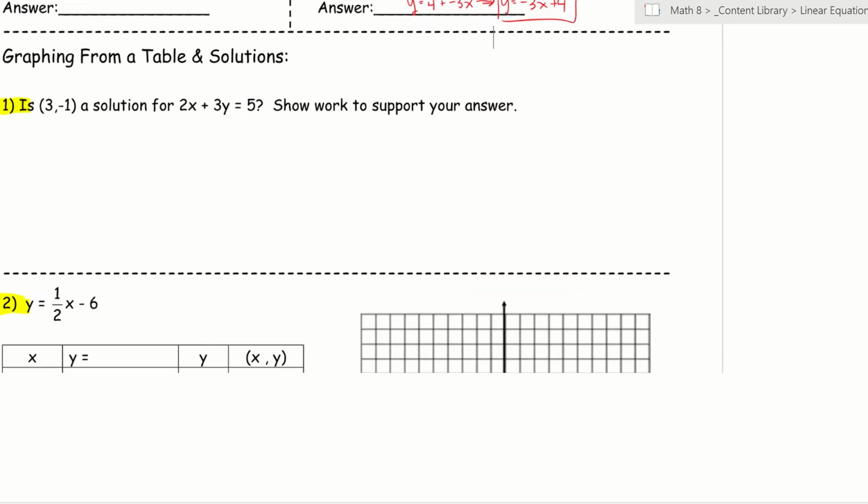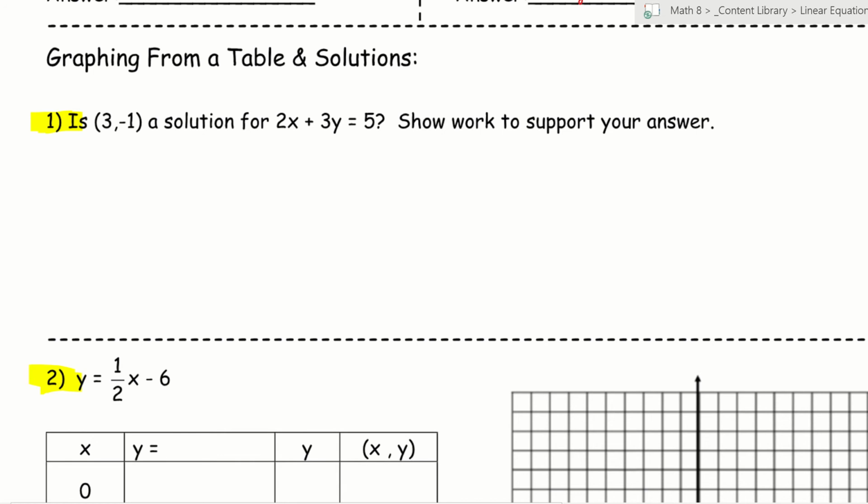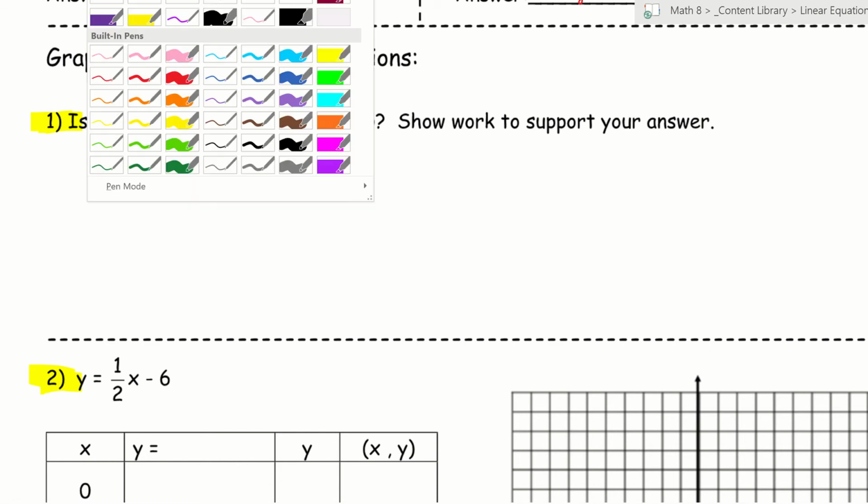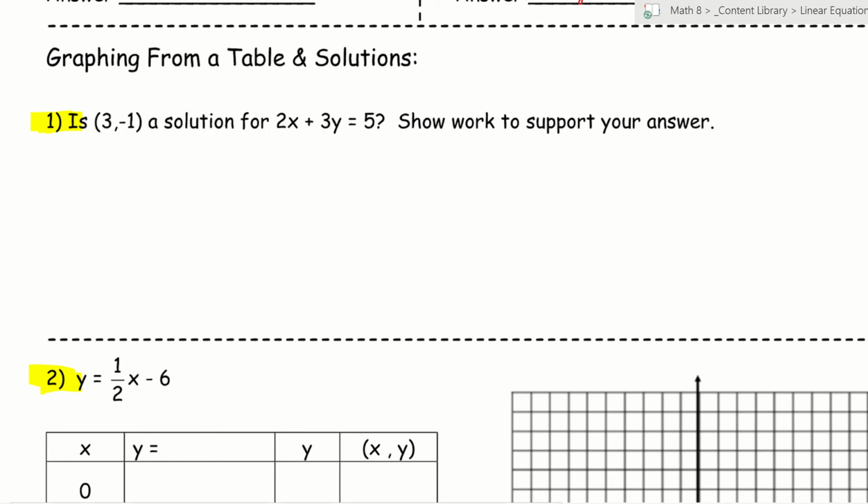Okay. Graphing from a table and solutions. So is (3, negative 1) a solution for 2x plus 3y equals 5? Show work to support your answers. Let's pick a pretty color for this. How about brown? Love brown. So if it is a solution, you know what? I'm going to make this a little thinner.